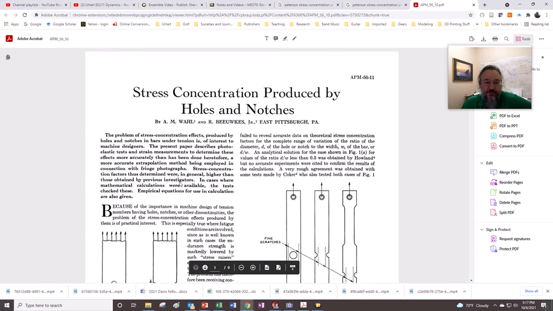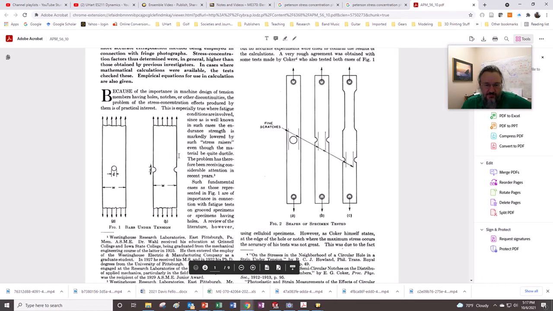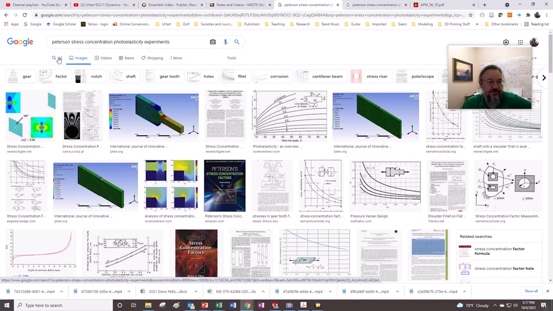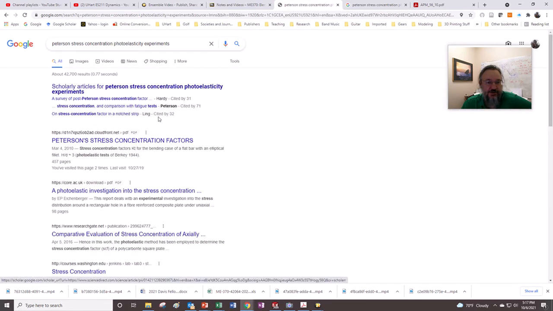But we have a wall and someone whose last name I can't pronounce, from East Pittsburgh, Pennsylvania, and they're showing these notches. So these predate Peterson's work, which, by the way, if you just do Peterson's stress concentration, you'll see Peterson's stress concentration, a book full of them, I think.